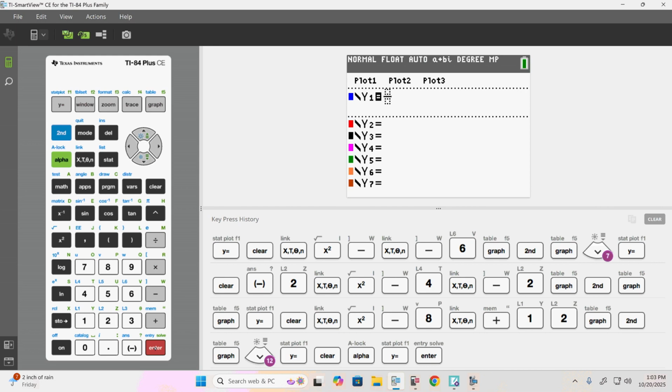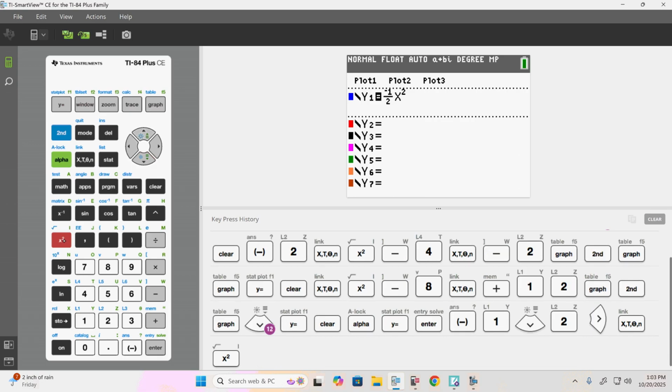So alpha y equals, enter. And once we get that, we can type in our negative 1/2 x squared plus 6x minus 20.